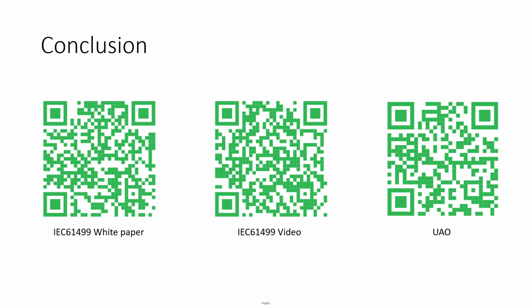IEC 61499 addresses the critical challenges of today's automation landscape, ranging from the need for open systems and reusability to portability and scalability. The shift towards a more open ecosystem, as championed by initiatives like universalautomation.org, aims to give companies the freedom to choose the best tools, reduce costs, and future-proof their automation investments.